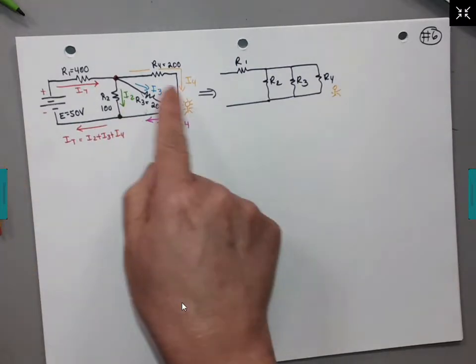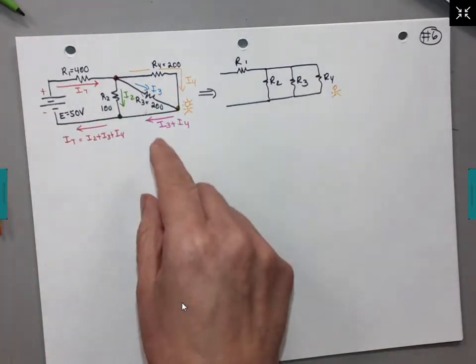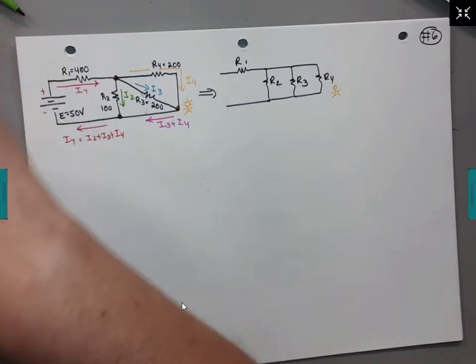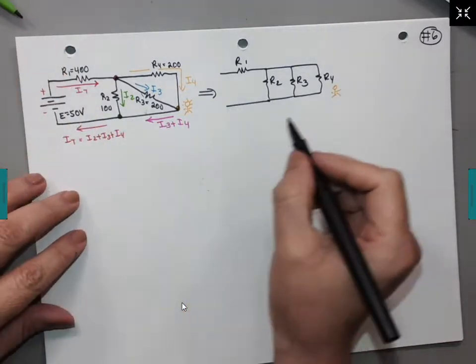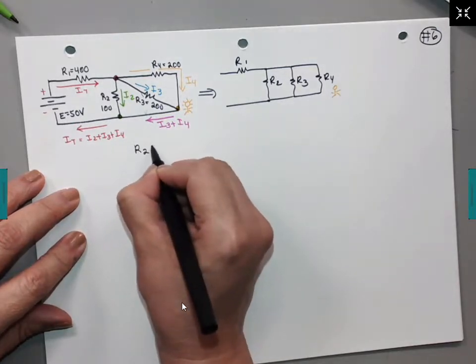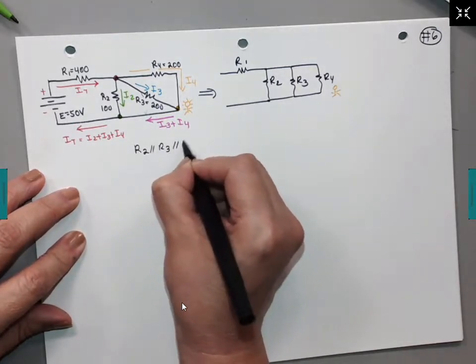Alrighty. So, we're going to combine them. I should have made them bigger because we're going to use it later. So, what's RT? R2, R3, and R4 are in parallel.